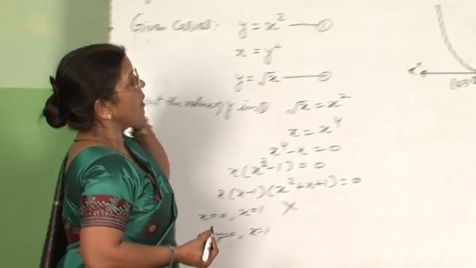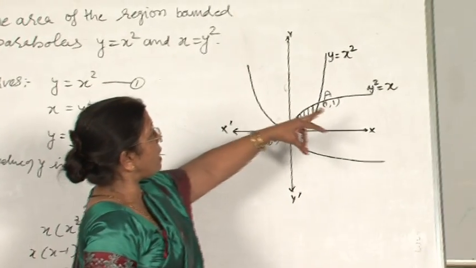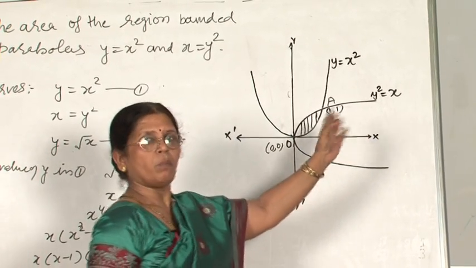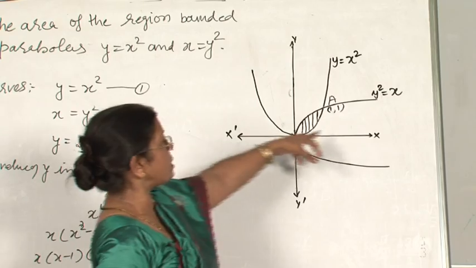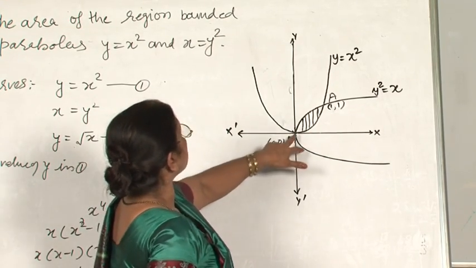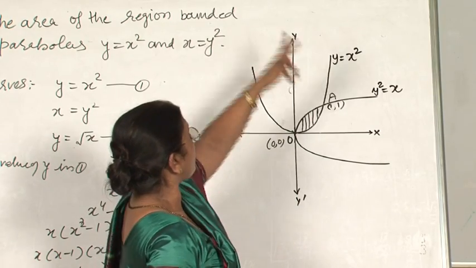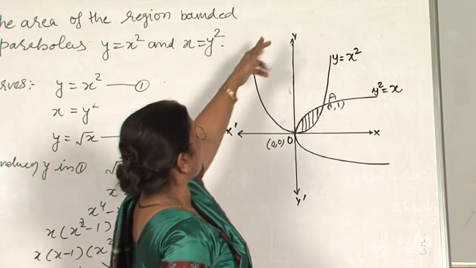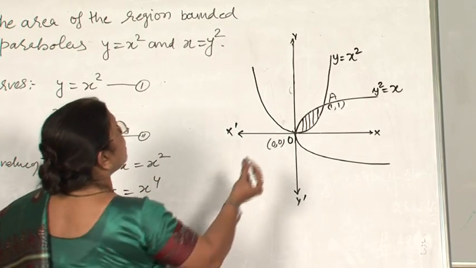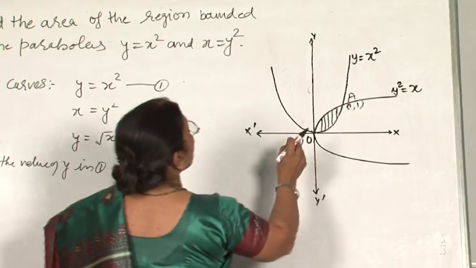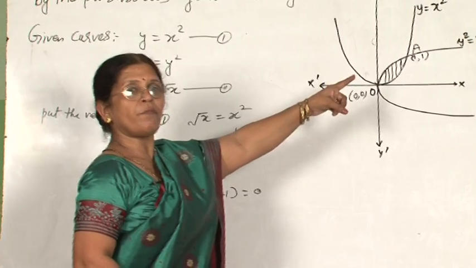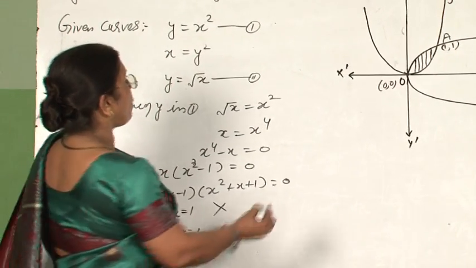In this figure, y square is equal to x is a parabola facing towards the positive direction of the x axis, the axis of the parabola is the x axis, and the vertex is at the origin, and x square is equal to y is an upward parabola, the axis is the y axis and the vertex is at the origin. Now these two intersect at O and A, the coordinates of O are 0, 0 and the coordinates of A are 1, 1.